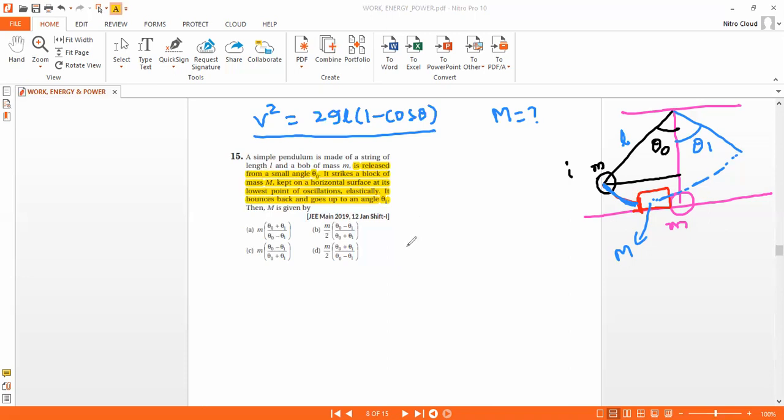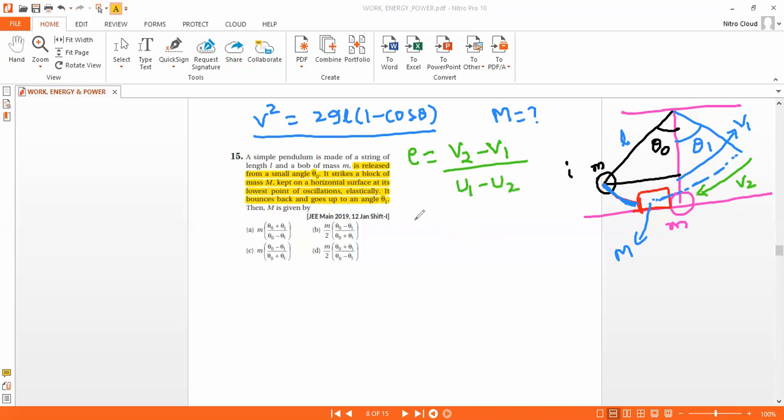Now let us consider that initially it moves with a velocity v1, and whenever it bounces back up to an angle, it has a velocity v2. Firstly, I'll consider the coefficient of restitution, that is, velocity of separation to the velocity of approach.